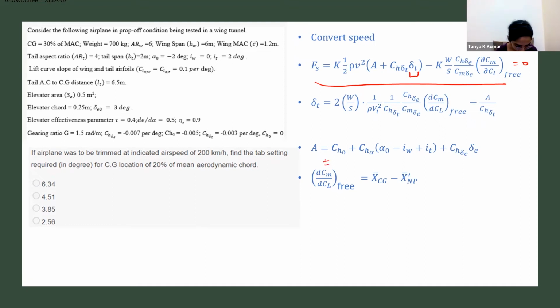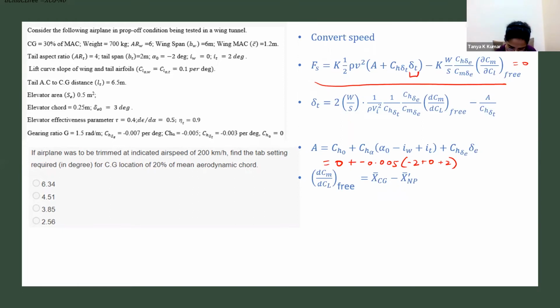Let's find out A. CH naught is 0. CH alpha is minus 0.005. Alpha naught is minus 2. Wing setting angle is 0. Tail setting angle is 2.